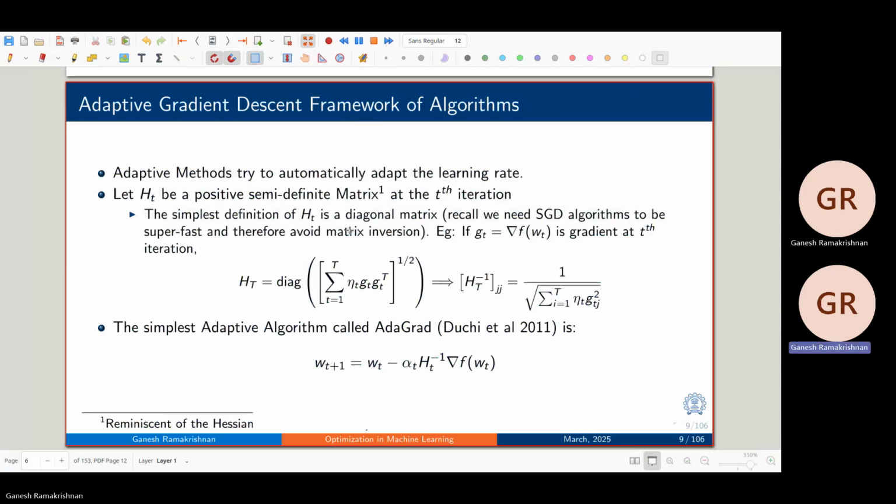You're not dividing it by the number of time steps. This is not an average, this is basically a sum. You may want to scale it by the number of points because each g_t is based on exactly a single point.